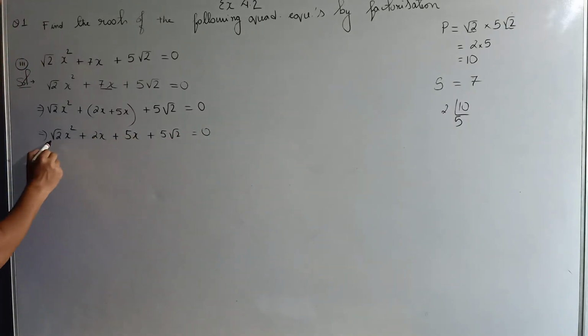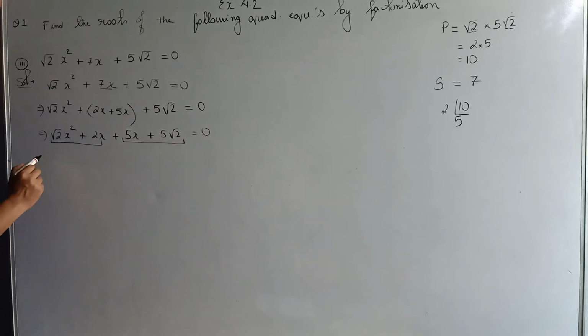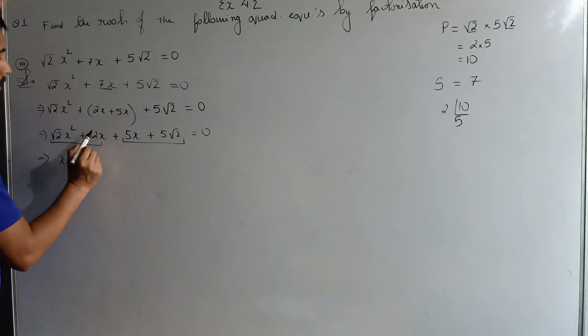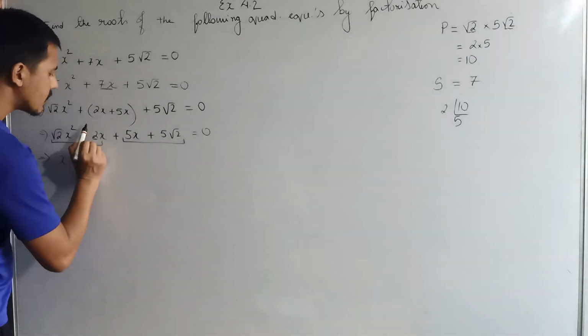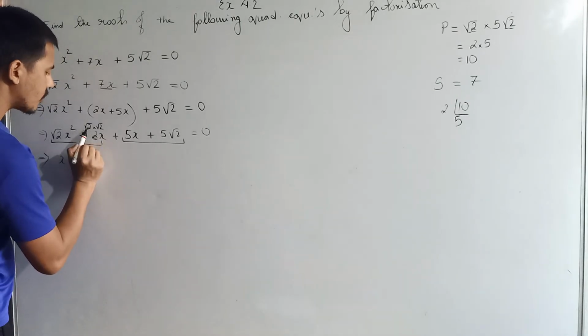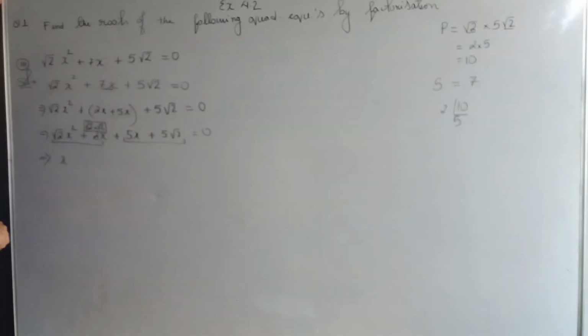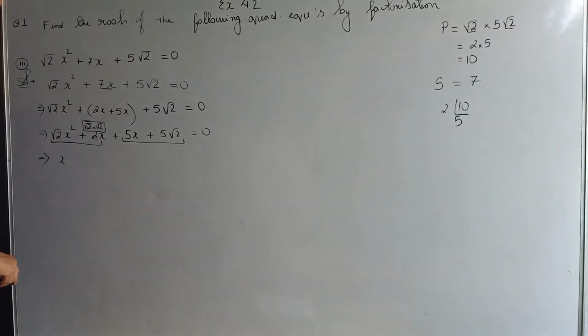Now, there are 4 terms, so we can make them into 2 pairs. From the first pair, we have x in common. Remember that 2 can be rewritten as square root of 2 times square root of 2. So we have 1 square root of 2 in common, and 1 x in common.